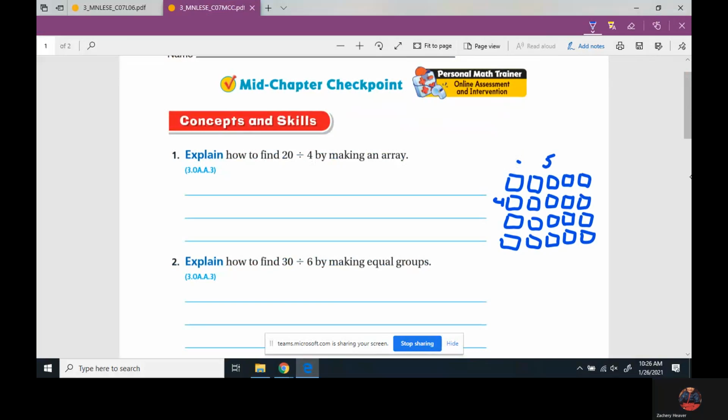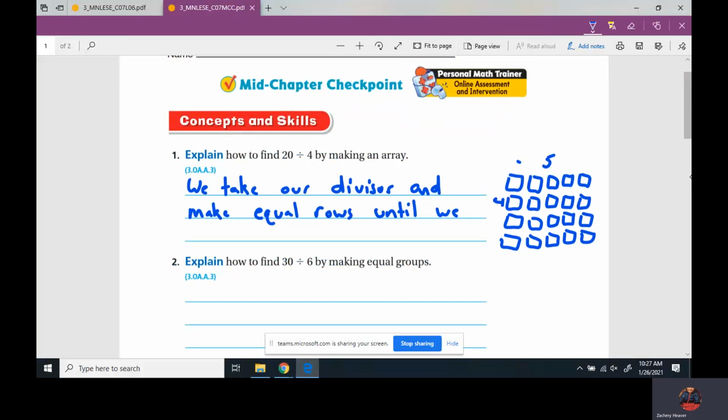So to write that, we would say we take our divisor and make equal rows until we get our dividend, which is 20.